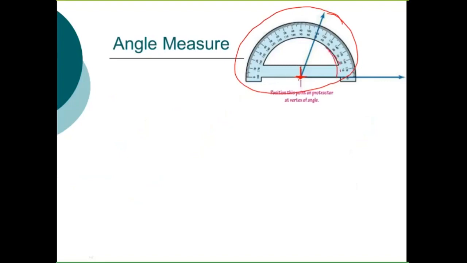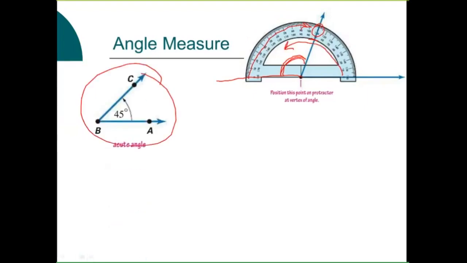When you're starting small, you're counting up that way. But if this was a bigger angle, notice it gets bigger over here. So if my angle opened up like this, then I'm using these numbers on the bottom. But if I was measuring an angle from this side, then that same angle would be 110 rather than 70. So it just depends on which side you're measuring from. If you're measuring from here, you count increasing from the top, and on this side, you're counting increasing from the bottom.